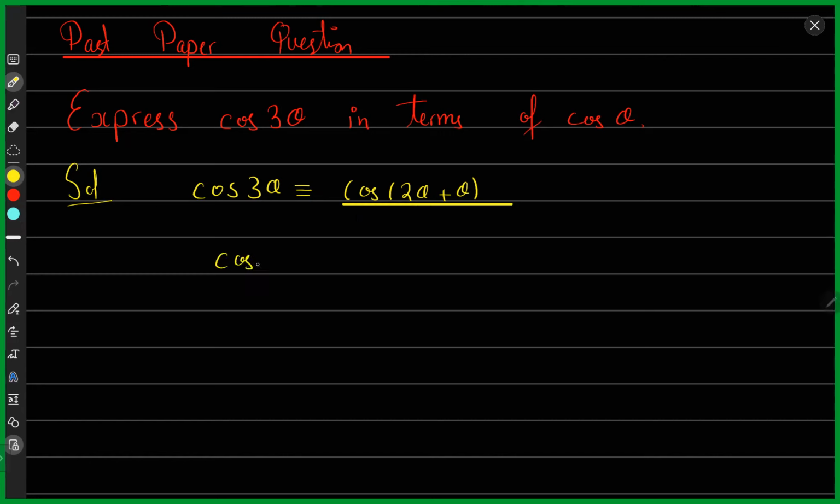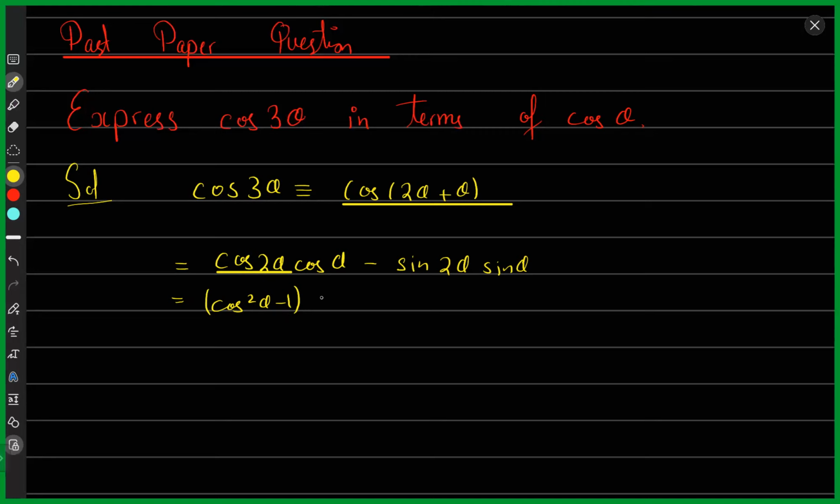It would be cos 2 theta cos theta minus sine 2 theta sine theta. And finally I can write cos 2 theta as 2 cos square theta minus 1. This is what I have just proved before the previous question.